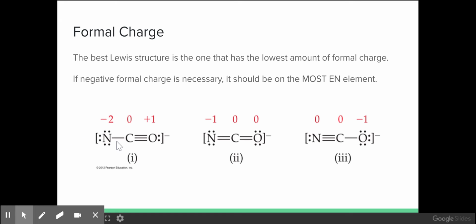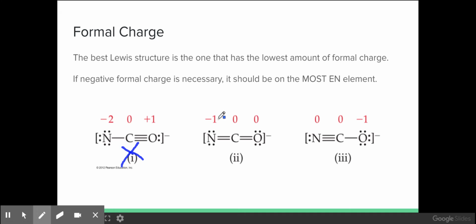So if I look at these 3 different Lewis structures, the formal charge has already been calculated for us. And if I look here, I have a lot of negative formal charge on this nitrogen here, and I have a positive formal charge on an oxygen. That's a really bad situation. So that's probably not one of the best Lewis structures.